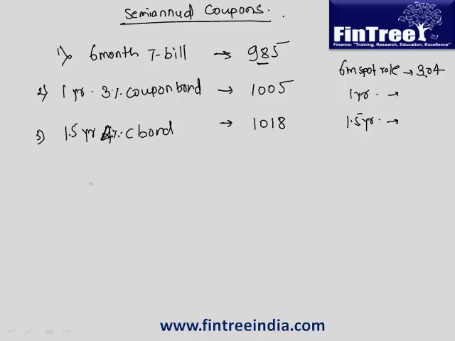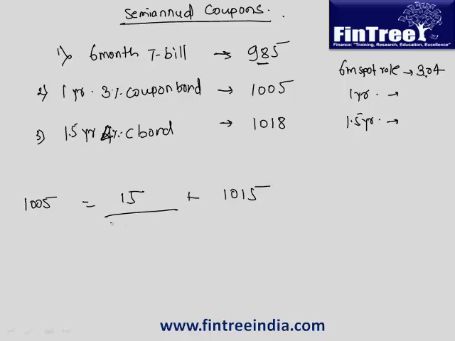3% coupon bond. So what is the equation for this bond? 1005 is equal to 3% of 1000, which is 30, but 30 is for 1 year. Therefore, 15 and 1015.